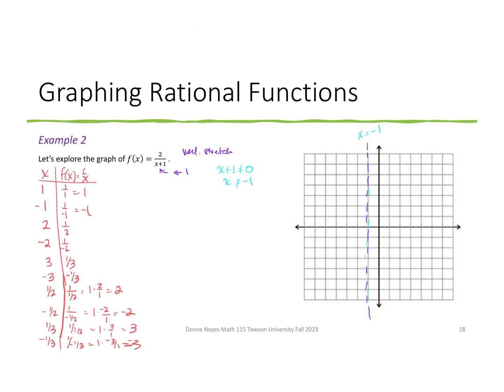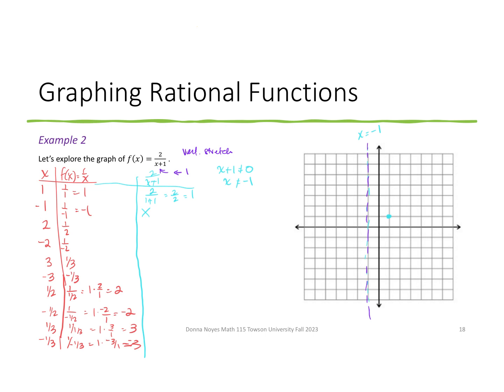So let's see, if we extend our function from last time to our new function, let's see what would happen. Now we have 2 over x plus 1. So now we have an input of 1. We get 2 over 1 plus 1 is 2 over 2, which is 1. So we still get 1, 1. Interesting. 1, 1 is still on our graph. How about negative 1? Oh, problem, x is not allowed to be negative 1. So here we can still have our 1, but we can't be negative 1.